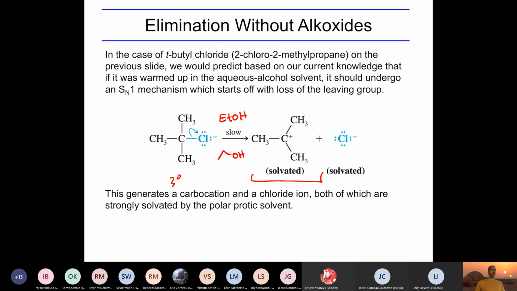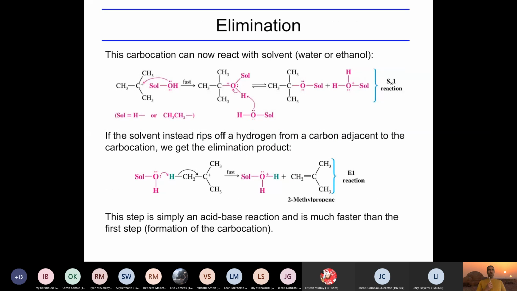This looks like the first step of Sn1, doesn't it? Sn1, leaving group leaves, and then you get this cation. If you look at this too, we have an alpha, a beta, and a beta. So with substitution, this is what would happen. For Sn1 substitution, we make that carbocation with the leaving group leaving. Then we have a nucleophile contact.